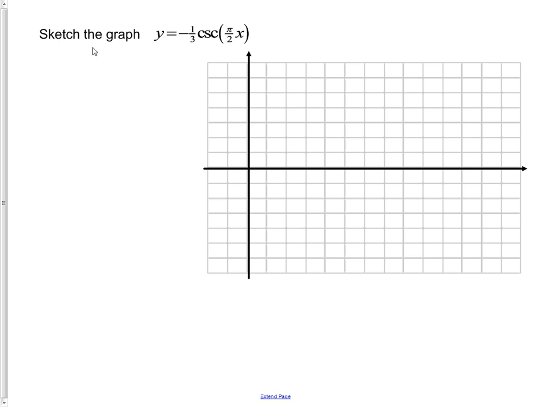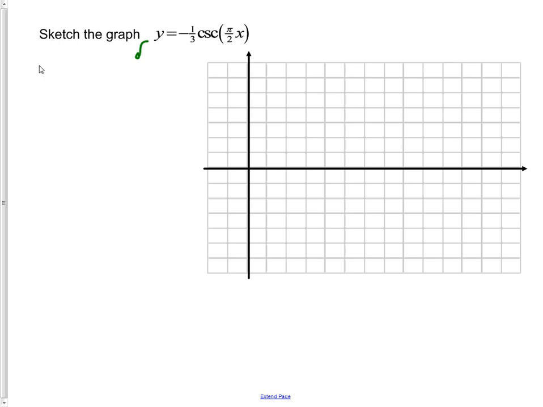Okay, again, we want to graph a cosecant function here, which is very similar to a secant function in this way. In that, for y equals negative 1/3 cosecant of pi over 2x, we would handle this by treating this as a reciprocal of our sine function. I don't know if you recall, we said that if we had a sine function, its reciprocal would be cosecant.